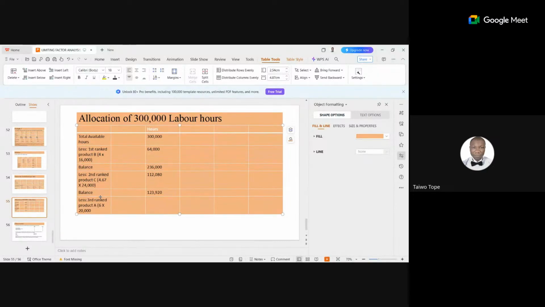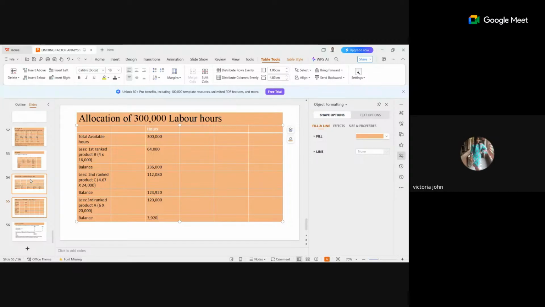So overall, the hours will be 120,000. What will now be the balance? 3,920. The balance is 3,920.